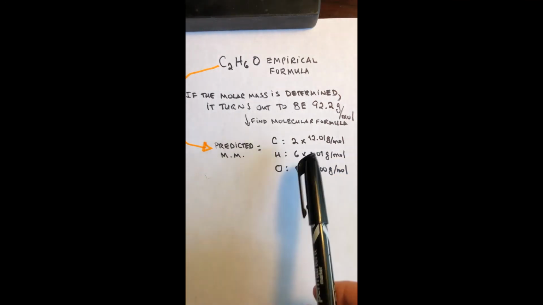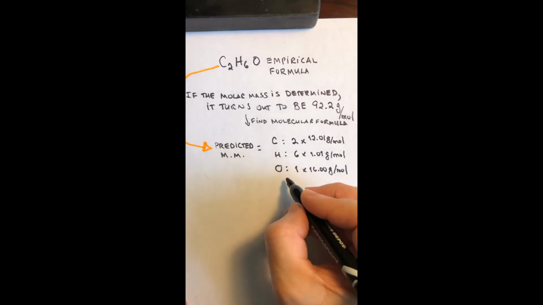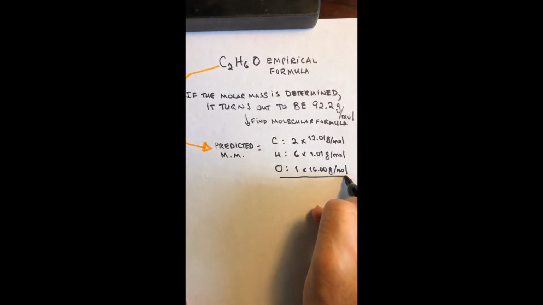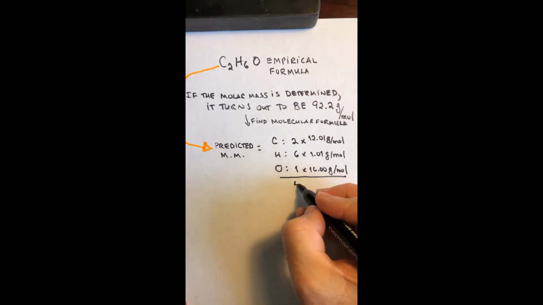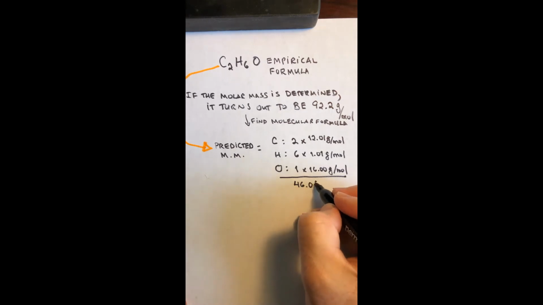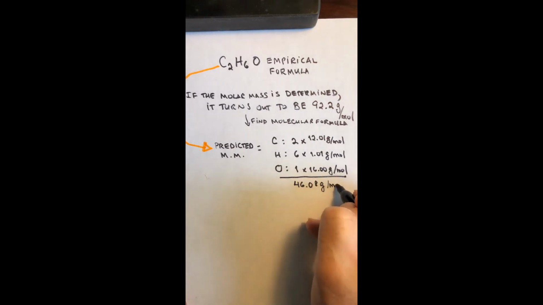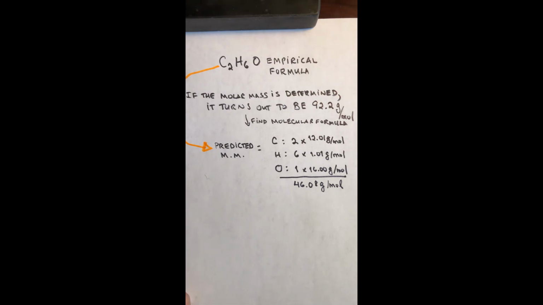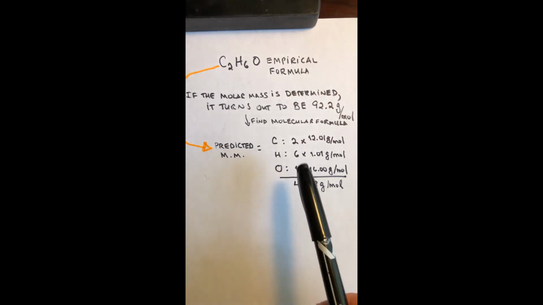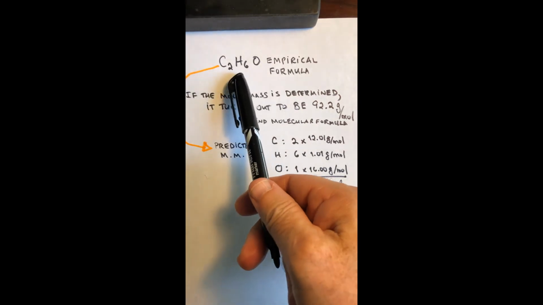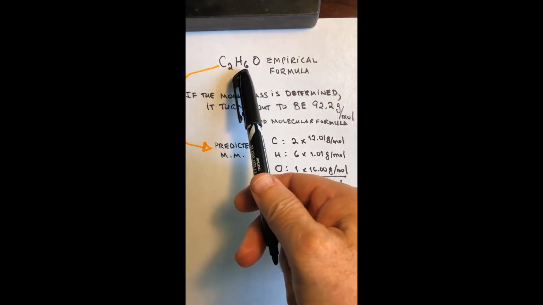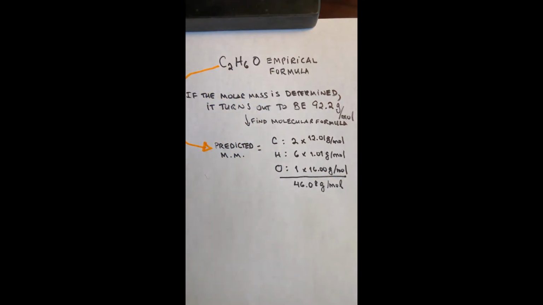So if we run this calculation on the calculator and add it all up, it comes up to 46.08 grams per mole. This would be the predicted molar mass if the compound actually has the same molecular formula as its empirical formula.